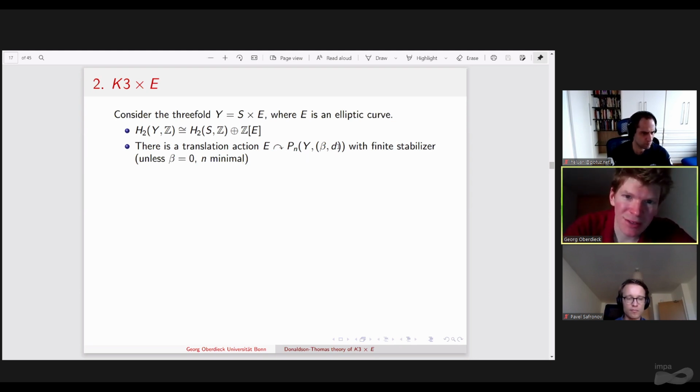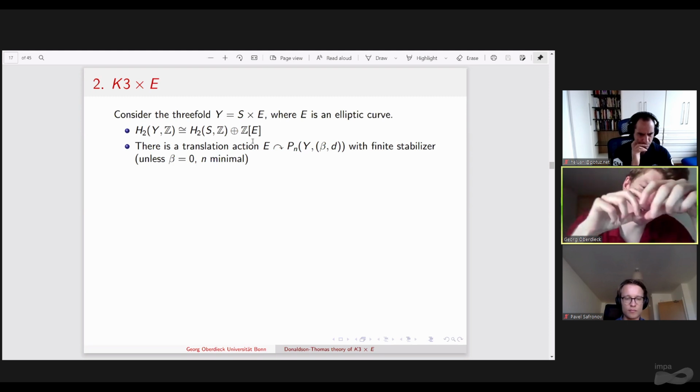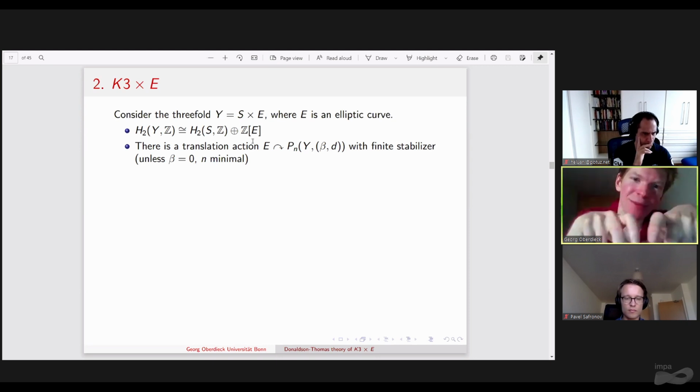Unless in really extreme cases, this can never happen. So this translation has finite stabilizers. And this creates a problem, because if you can translate a stable pair, then instead of just a stable pair, you get a whole E-orbit of this stable pair.